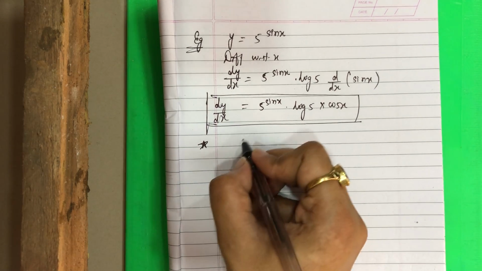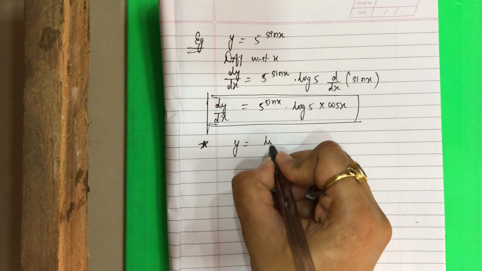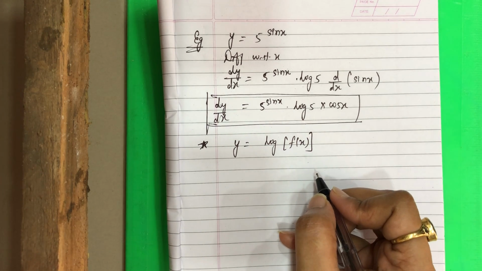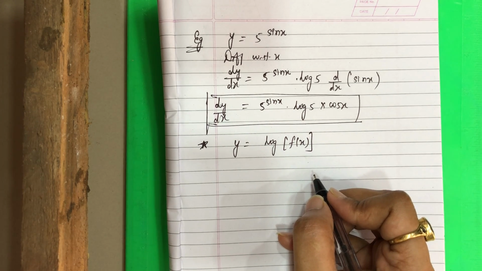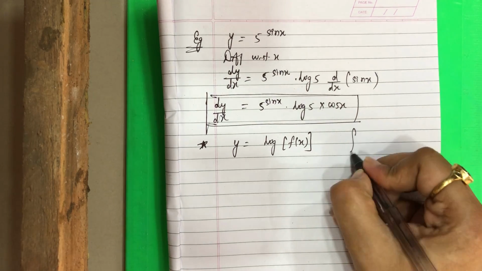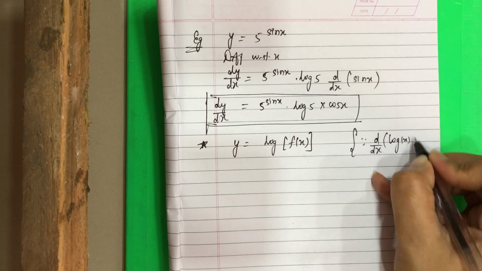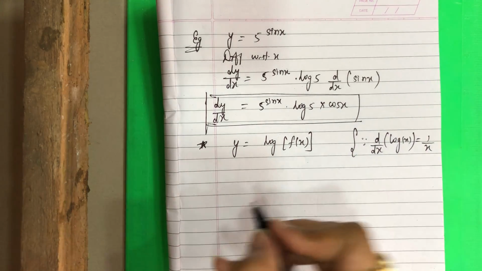Now taking another formula, that is y is equal to log of fx. This is the formula for logarithmic composite function. We know that in simple function d by dx of log x is 1 upon x.